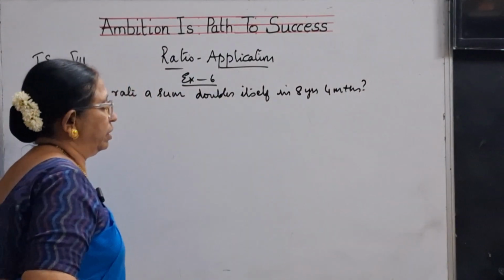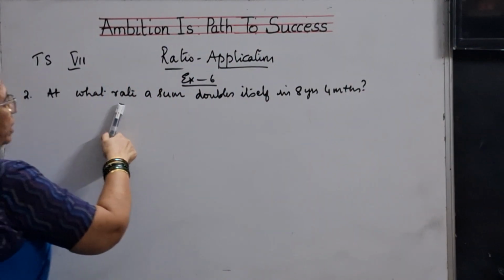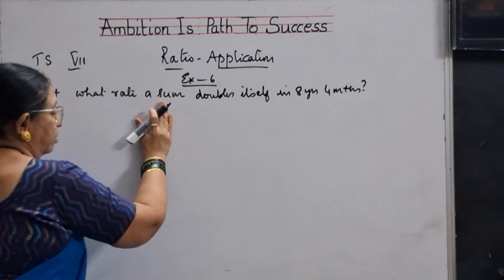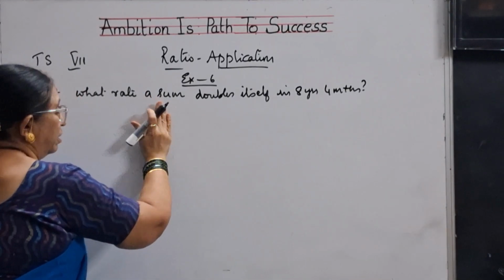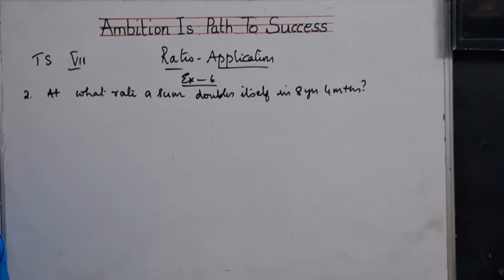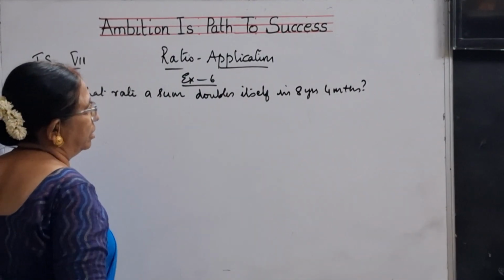This is the question, children. At what rate a sum of money, that means that amount is taken as principal, doubles, 2 times it becomes. And the time is given, 8 years, 4 months.